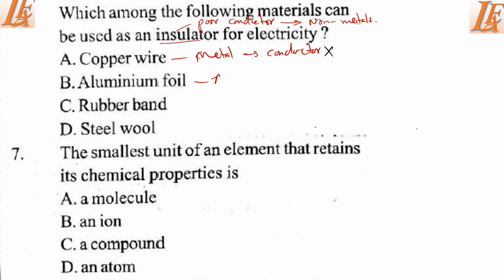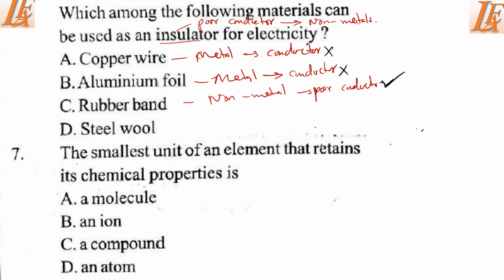The second one is aluminium. Aluminium is a metal, atomic number 13. It's a good conductor of electricity, therefore cannot be used as an insulator. Then number C is rubber band, is a non-metal. It's a poor conductor. Therefore, in this case, it can be used as an insulator.